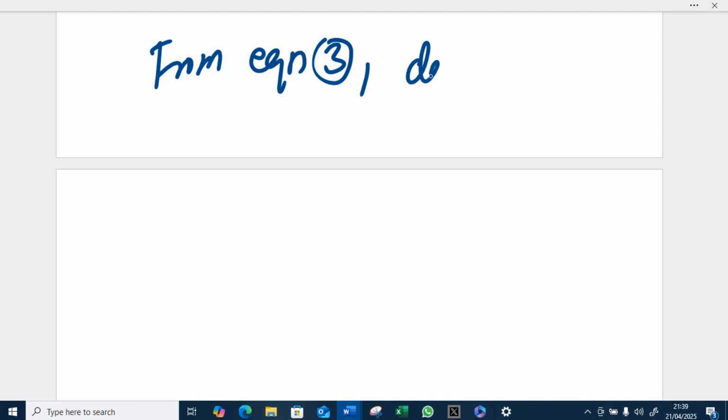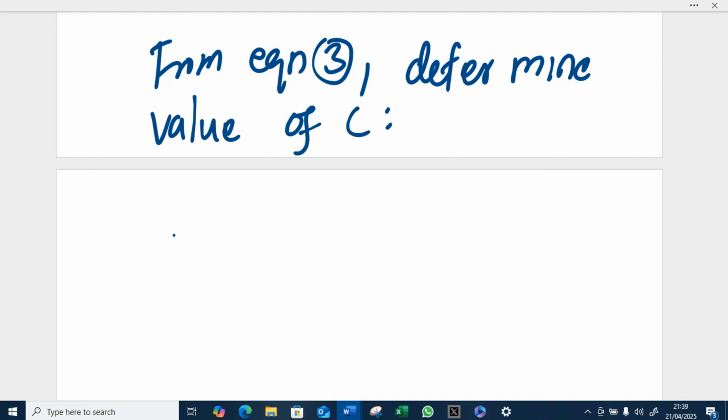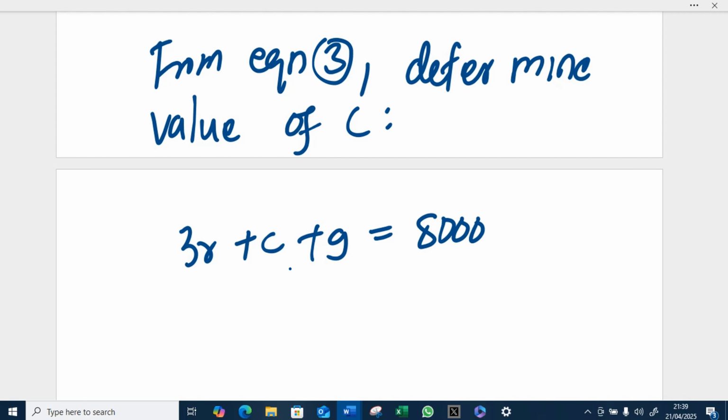So from equation 3, let's determine the value of c. So we already know that 3r plus c plus g is equal to 8,000. So we know r, we know g.